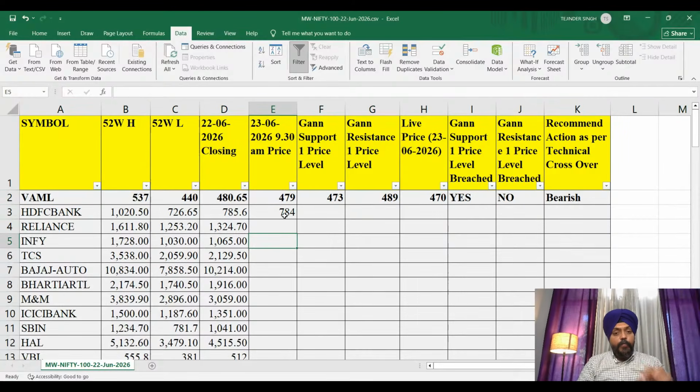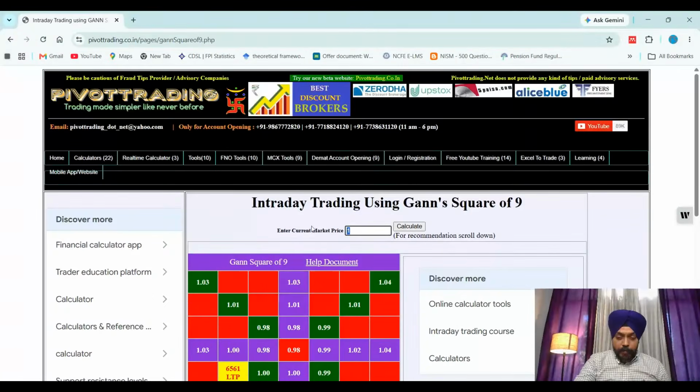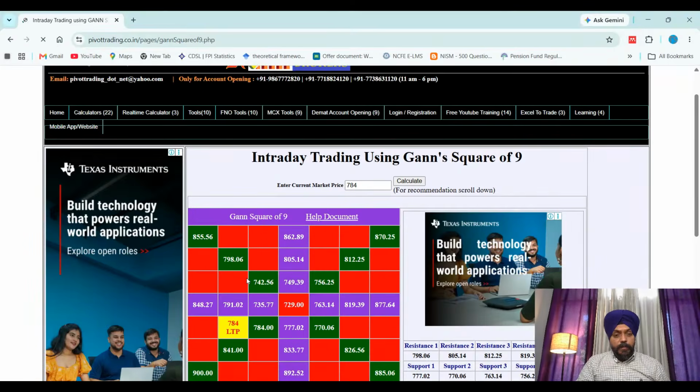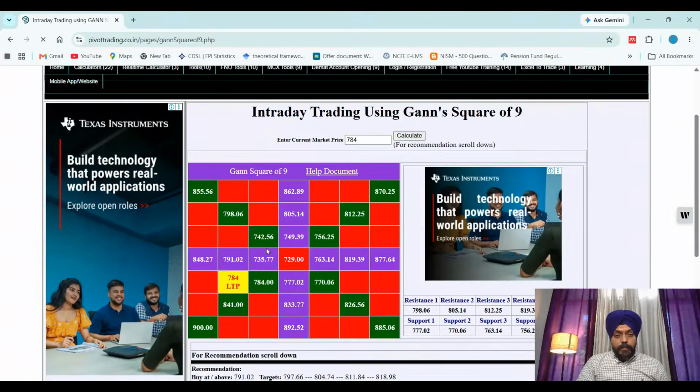Now this 784 price, I will use to generate the level 1 support on the downside and the level 1 resistance on the higher side. Let me share the Gann square website. So the price was 784, I will type it here and click on calculate. Don't get confused with this table.